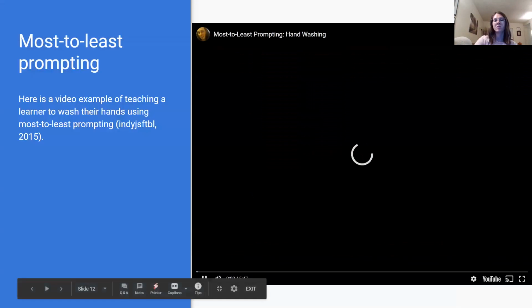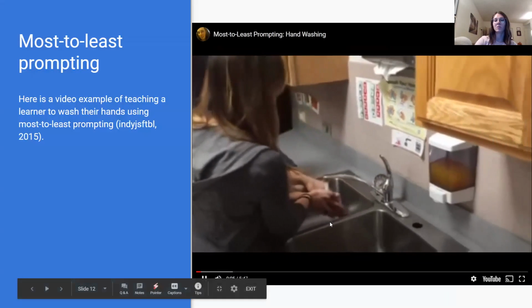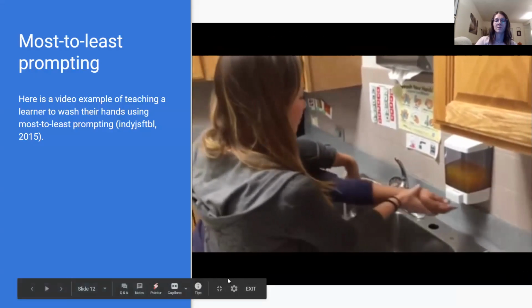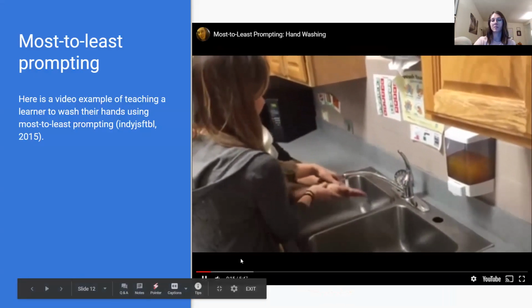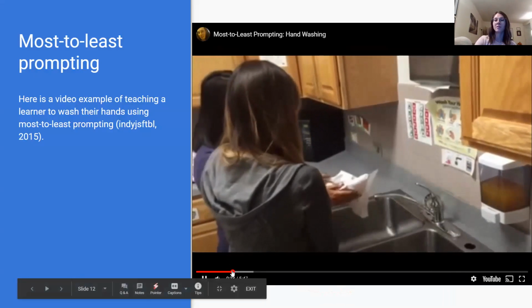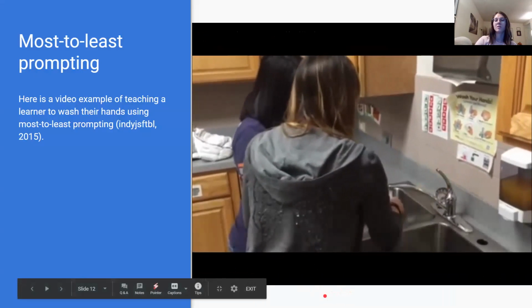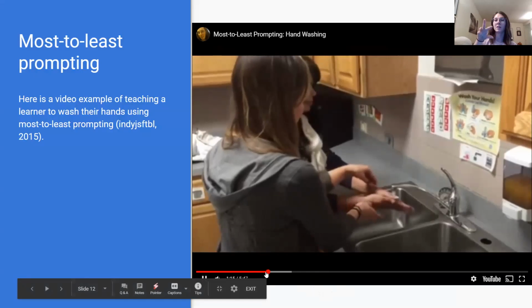So this is a most to least example. As you can see, they're going to go through the entire hand washing process with all full physical. Then here, they're using partial physical. You can see she's faded a little bit how she's touching.